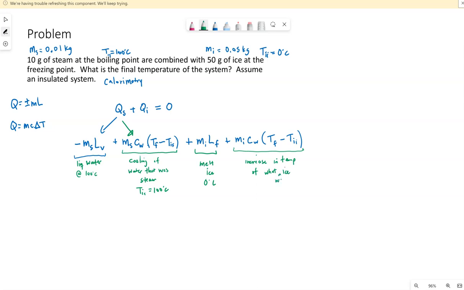What was ice to begin with, but is liquid because of this term we accounted for melting. There's no other materials in the system, and so all of these Q's have to add up to be 0. That means there's just no energy exchange between the system and its surroundings. It's all within the system itself. So we're looking for the final temperature.